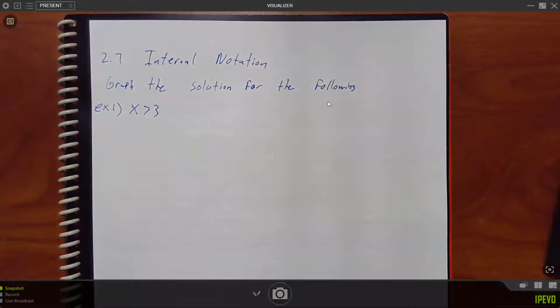Okay. So in this section, we start talking about interval notation. So what we're going to do is graph it and then put it into that notation.